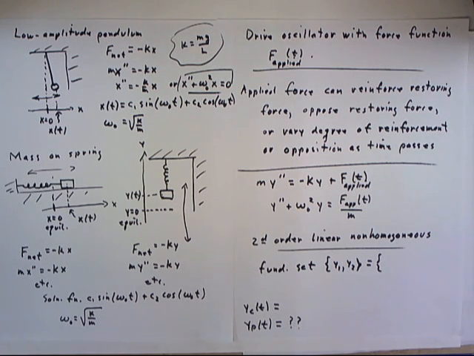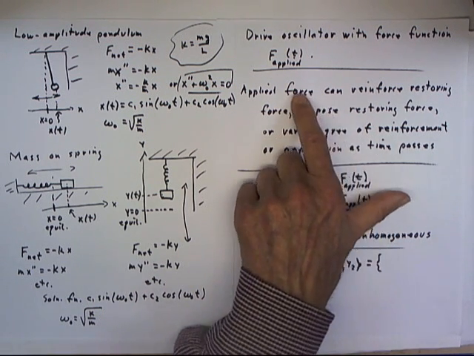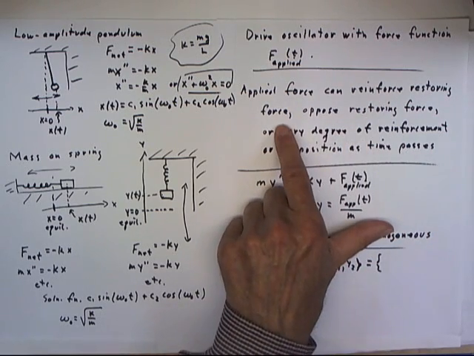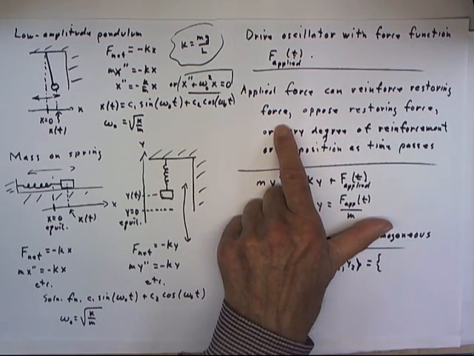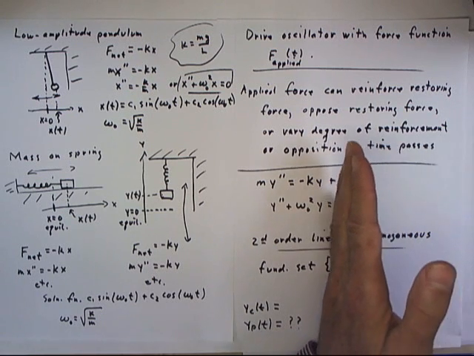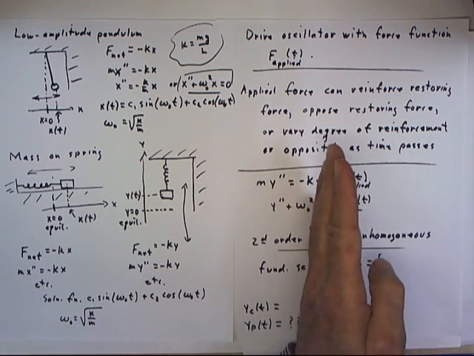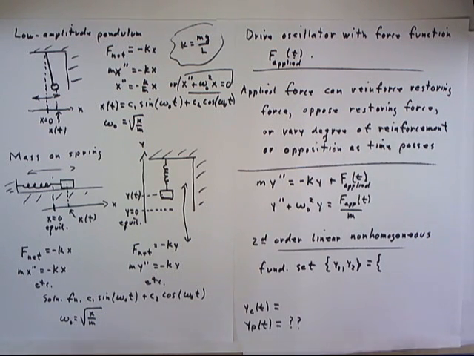And if we don't synchronize that force well with the system that we're trying to drive, then that applied force will sometimes reinforce the restoring force. Okay? And remember, the restoring force is a force that tends to move the pendulum back toward equilibrium. And if we apply a force that doesn't work well with that restoring force, it's not going to have the effect that we're after.